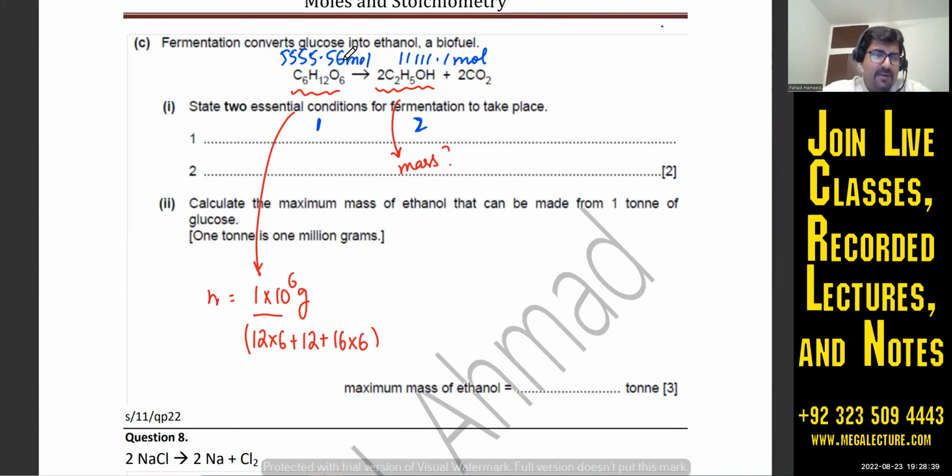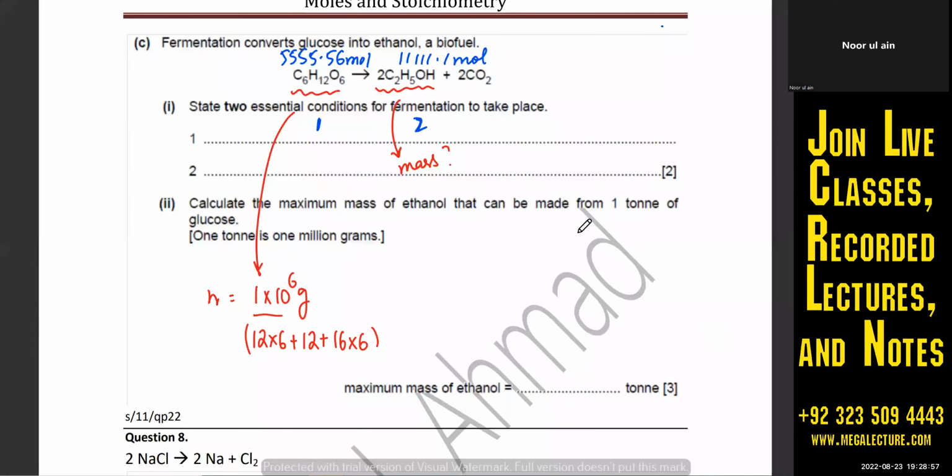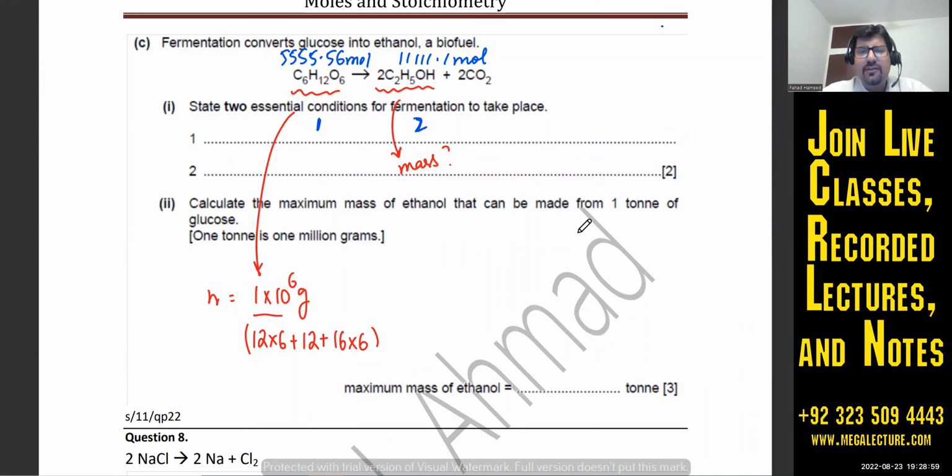This one is a rounded value. The value that you get on your calculator is trailing fives, 555.555. It just goes on. तो हमने round किया हुआ था ना, so if you double this, then you're going to get 2. Right? Noor, is that clear? Yes, sir. ठीक है, then 2 is also fine.